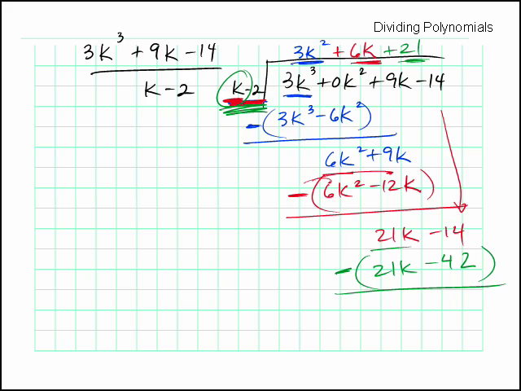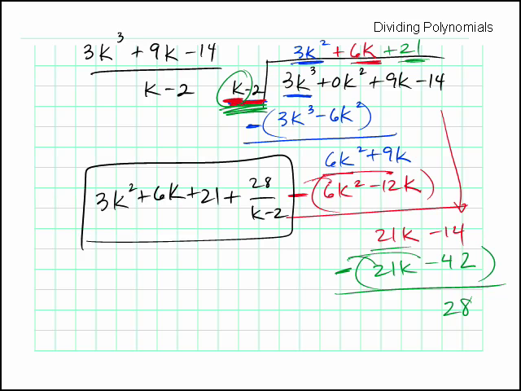The 21k's are gone, and then this is a positive 42 minus 14, which is 28. Yeah, there's a remainder. So our answer is 3k squared plus 6k plus 21 plus the remainder 28 over k minus 2. There it is.